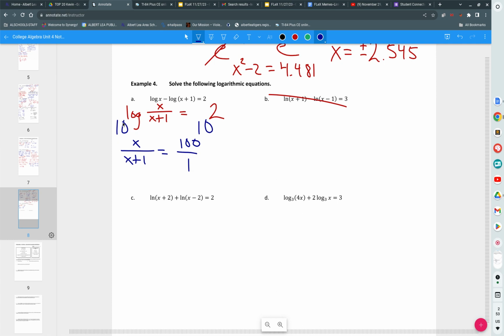If I cross multiply, I get 100x plus 100 is equal to x. So I subtract the 100x to the other side, I get 100 is equal to negative 99x. So I divide by negative 99. X is negative 100 over 99.